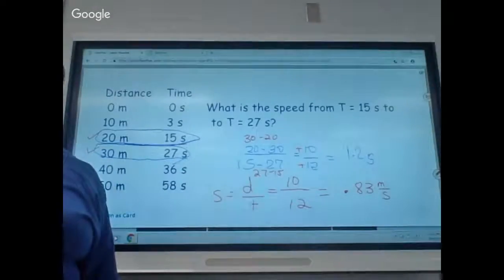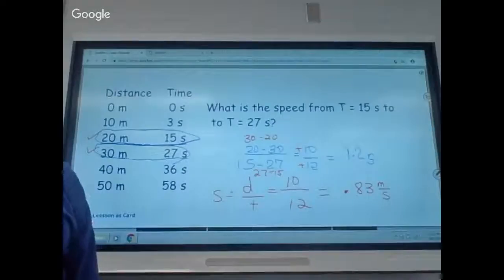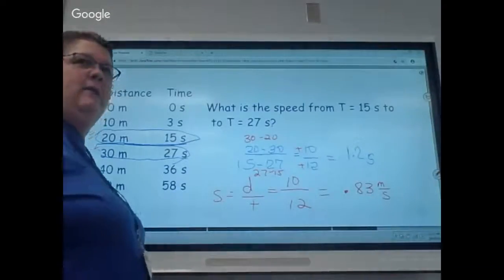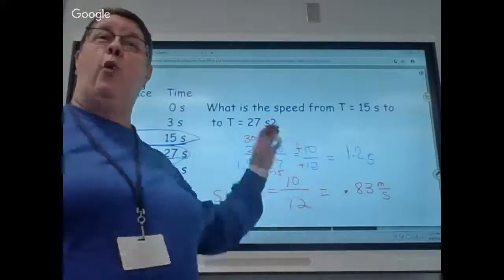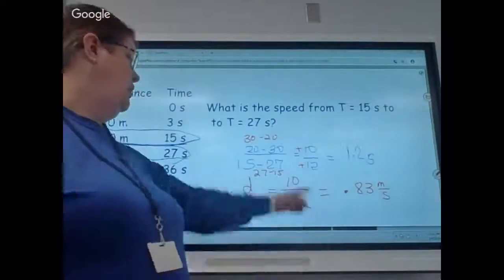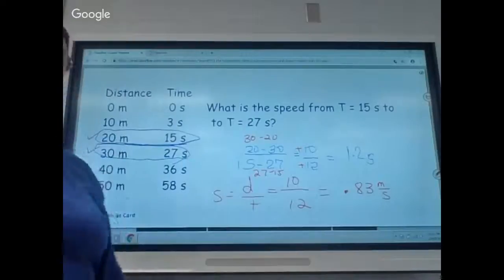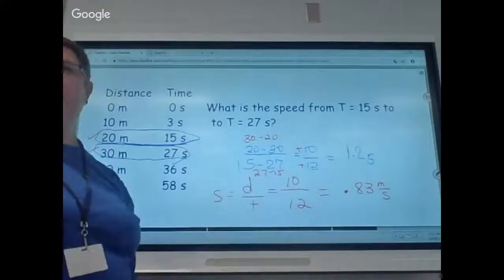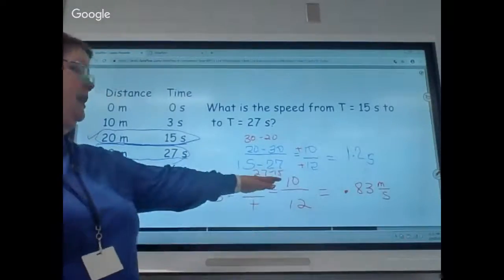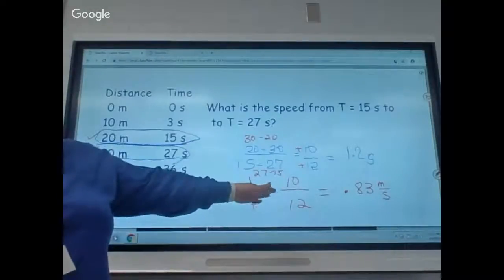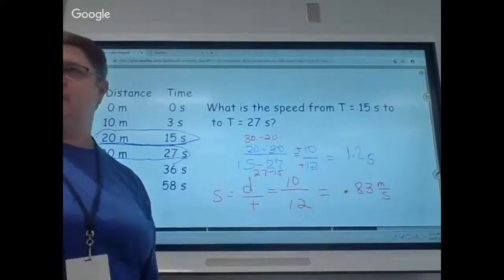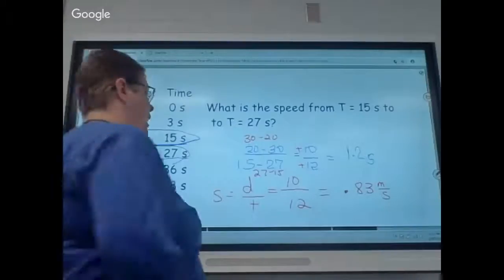The answer is 0.83. So the people who had 0.83 have the right answer. But those of you who had the 1.2, you did what this person did. You have 12 divided by 10. The 10 is in the numerator. It is divided by what's on the bottom. Does that make sense?